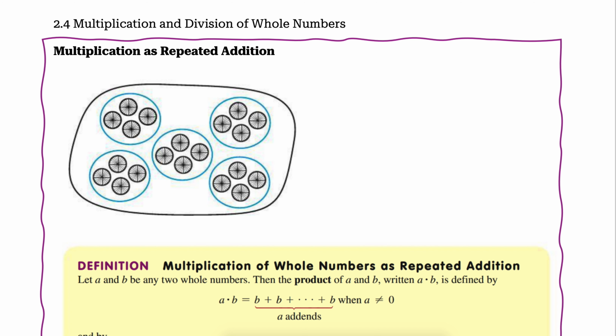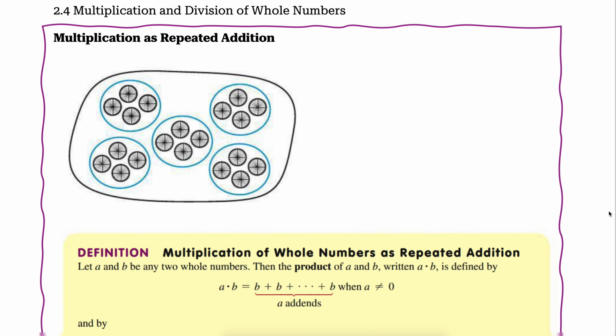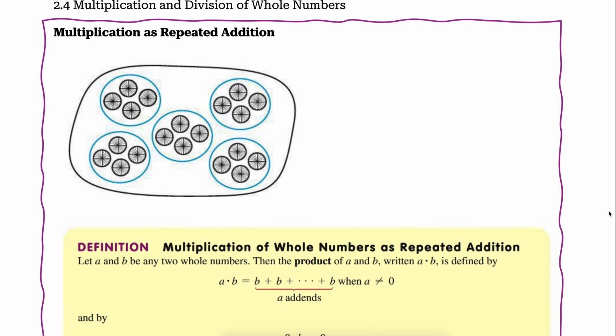We're going to start with multiplication as repeated addition. And I even have the definition of multiplication as repeated addition, because that's really what multiplication is. It's a shortcut for repeated addition. In the image here, there are 5 groups of 4. So with addition, to find the answer, how many total little pinwheels do we have?